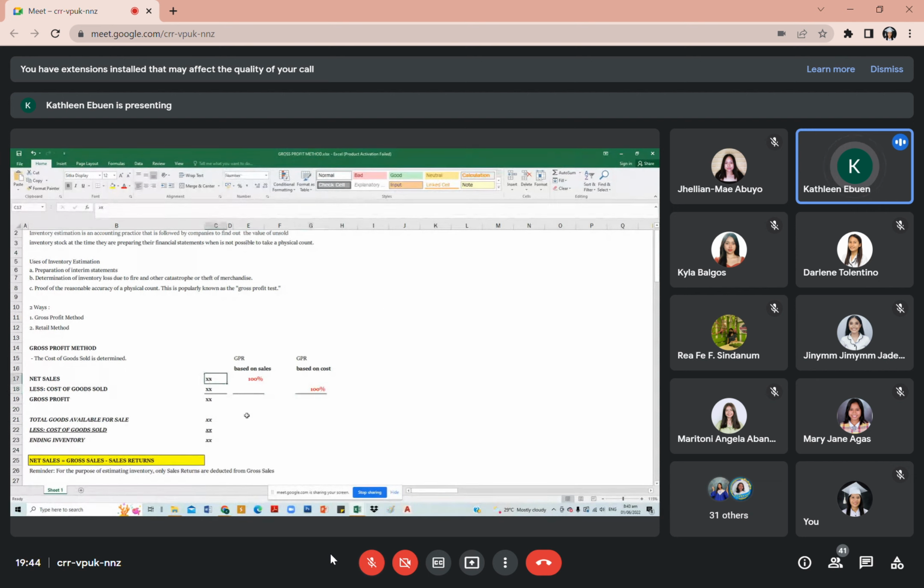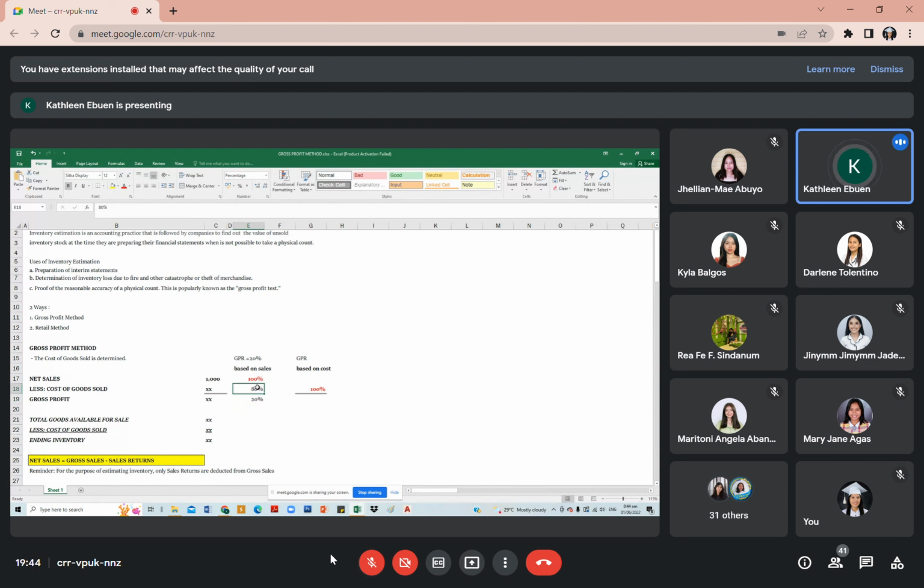Okay, for example, class, ibibigay sa problem yung net sales 1,000 pesos. Okay. At syempre, hindi pa ibibigay si cost of goods sold. Ang ibibigay sa atin class is the gross profit rate. For example, 20% based on sales. So, 100% si sales, si 20% daw ay si gross profit. Therefore, makukuha natin yung cost ratio, which is 80%.